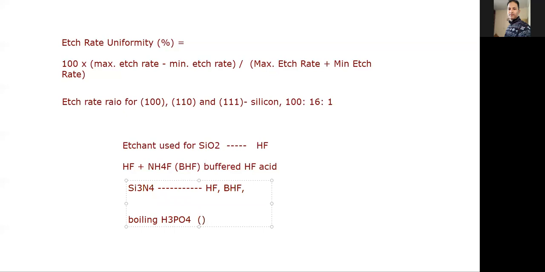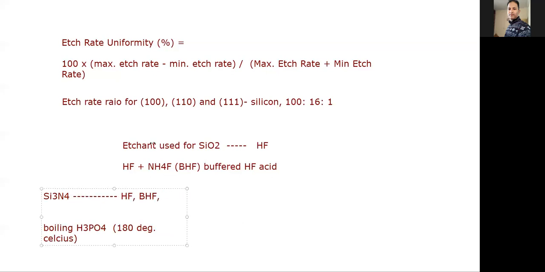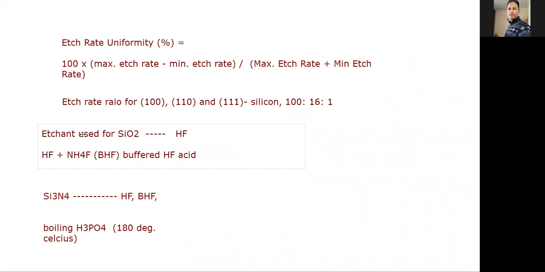This example of silicon nitride removal brings us to a very interesting concept, which we had to discuss anyway.